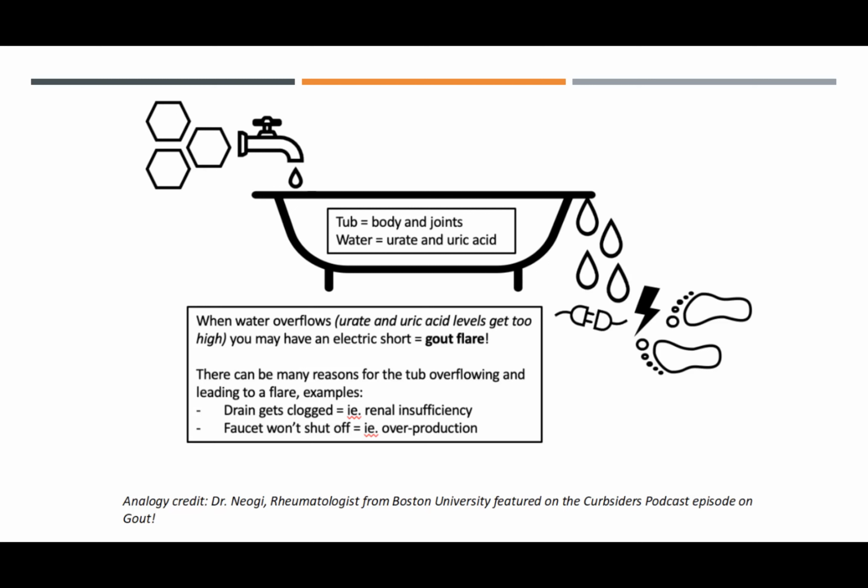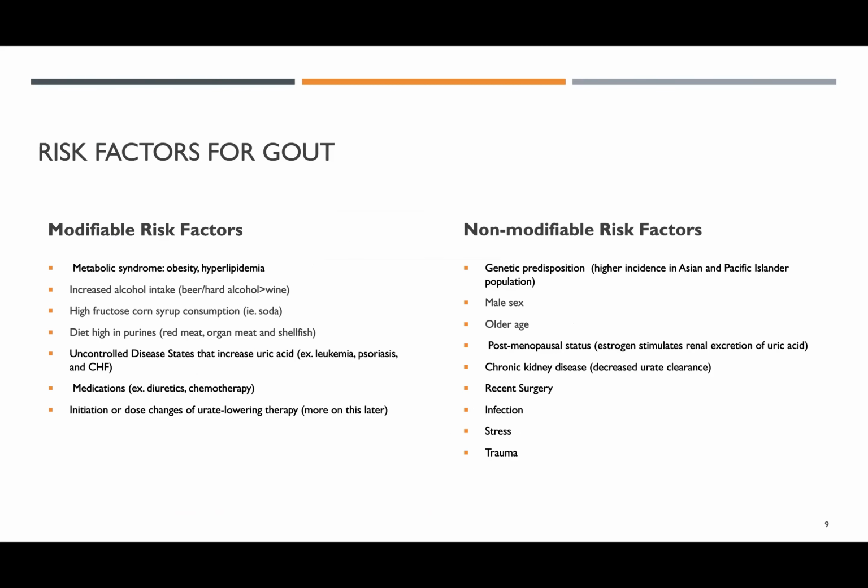Mentioning this analogy because I'm going to come back to it later when we talk about urate-lowering therapy. What are the risk factors for gout? So we like to categorize these into modifiable and non-modifiable. Modifiable risk factors are things like obesity, hyperlipidemia, things that we can modify, treat either with lifestyle interventions or medications.